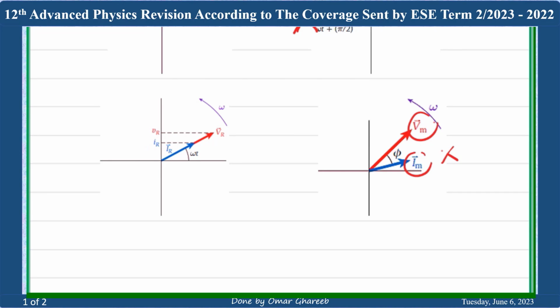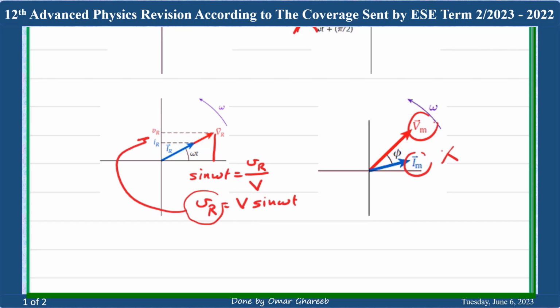And it is clear why we say that. This is the opposite to the angle. What is sine omega t? Opposite, which is VR, over hypotenuse, which is V. Now multiply: VR equals V sine omega t. So VR is the projection, and the length of the phasor is the maximum value.